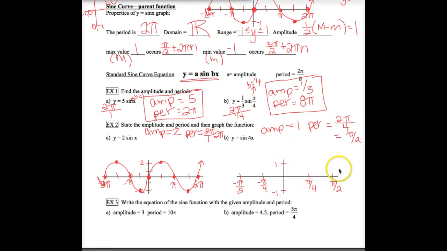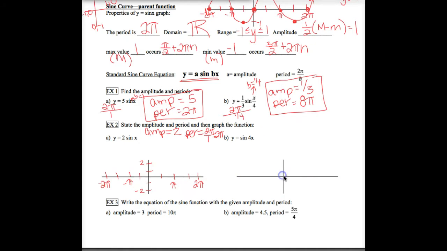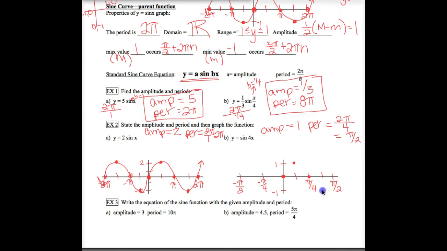So if I need to get in a full cycle, again, I do the exact same thing. I need 4 little places. I start at 0, 0. I go start, up, middle, down, middle.